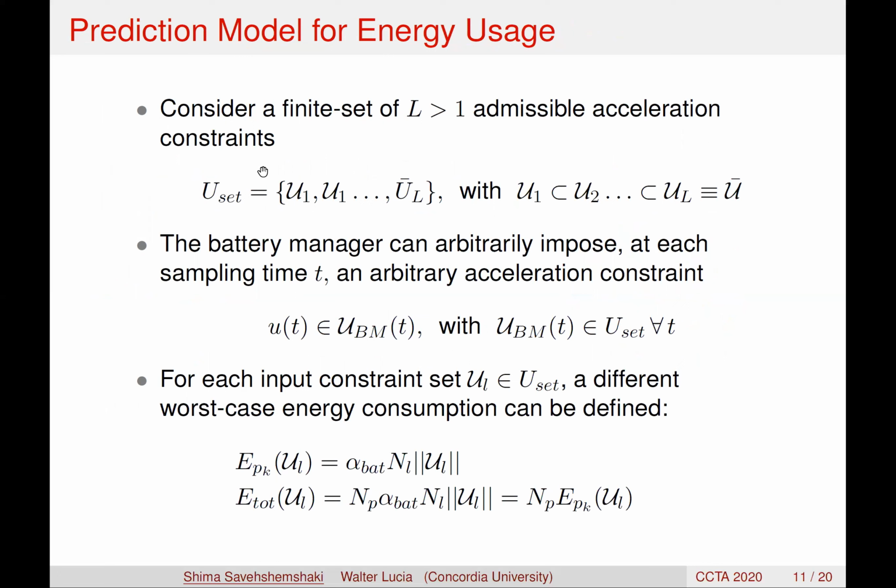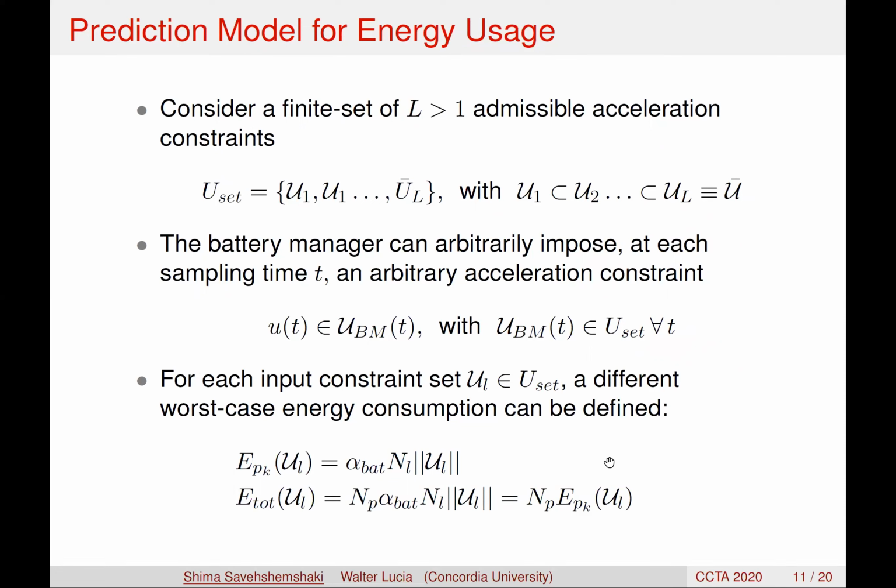This set contains admissible acceleration constraints that satisfy this condition, that U1 is a subset of U2 and so on, so that at each sampling time the battery manager can impose an arbitrary acceleration constraint U_BM(t), which is in the U set, and the control law which the set-theoretic MPC computes at each sampling time is in this U_BM(t). So for each constraint set U_L in the U set, a different worst case energy consumption can be defined, as you can see here.